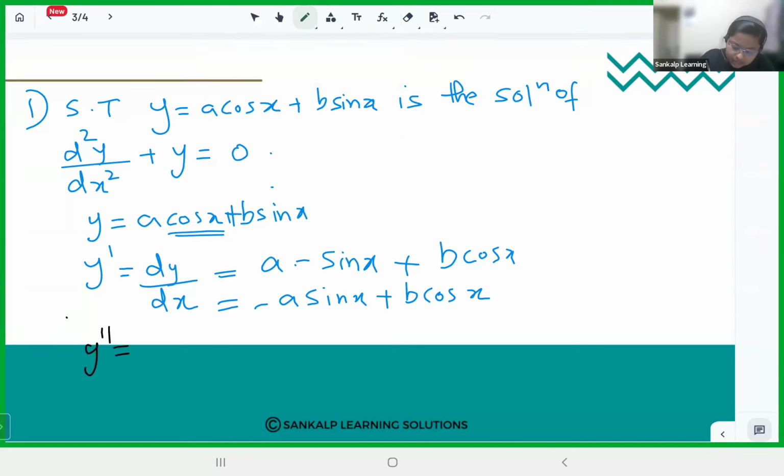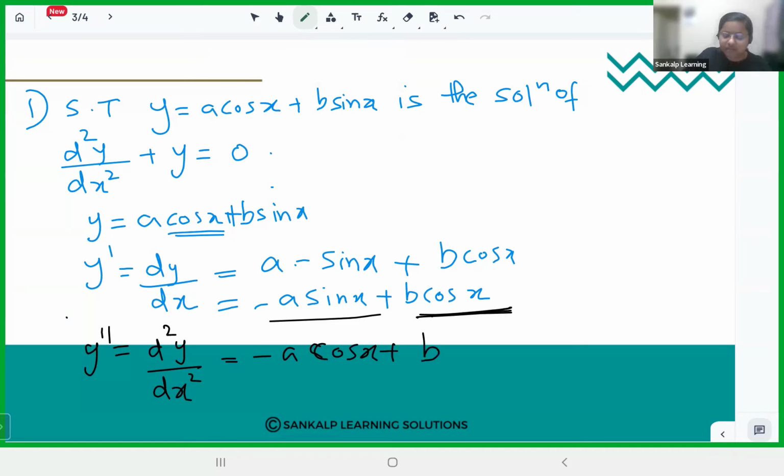Now, what about y double dash? That is d square y by dx square. You have to again find the derivative of this particular function. Minus a is a constant, and the derivative of sin x is cos x. So minus a cos x plus b is a constant, and the derivative of cos x is minus sin x.